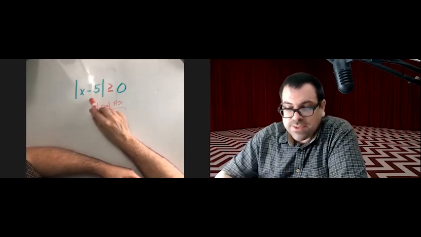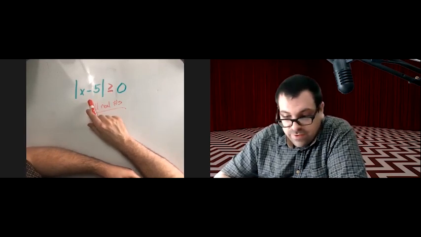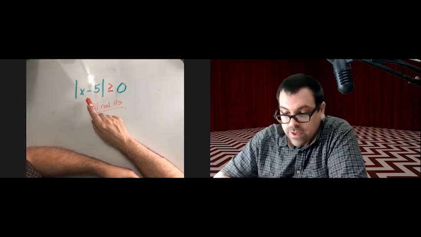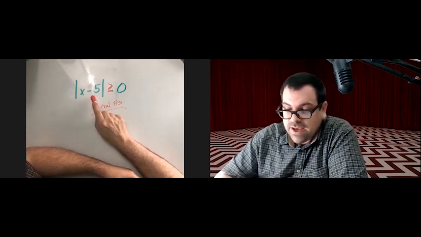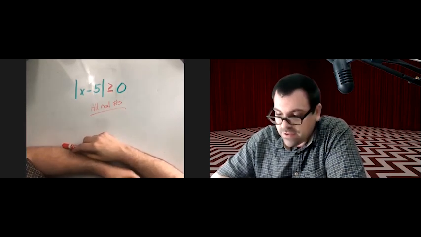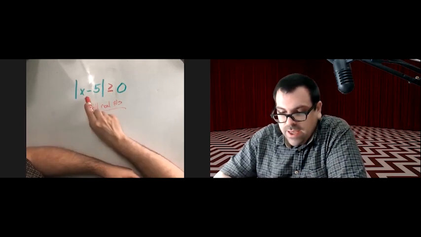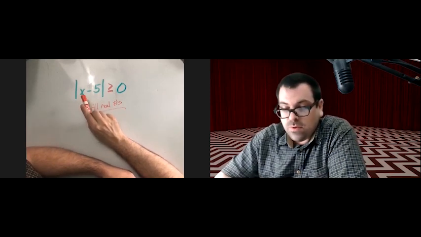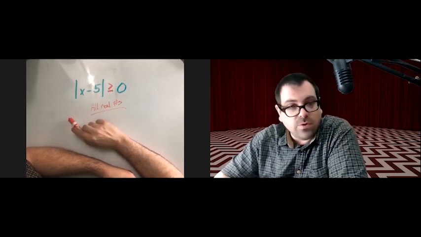If we put in a positive number greater than 5, like 6, 6 minus 5 is positive. Absolute value of positive, greater than or equal to 0. If we put in a number less than 5, but positive, like 1, 1 minus 5 is negative 4.